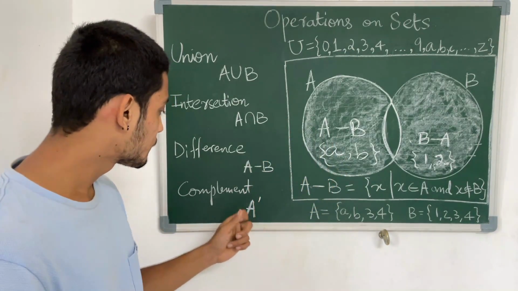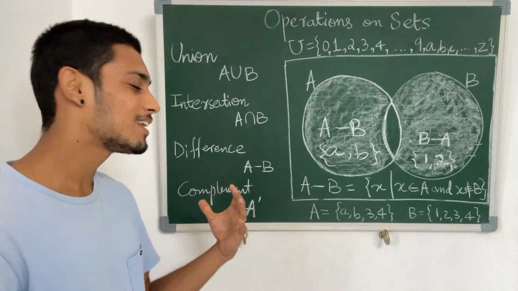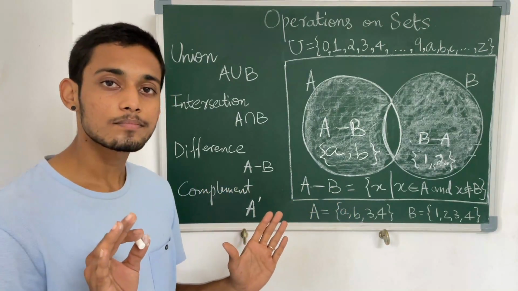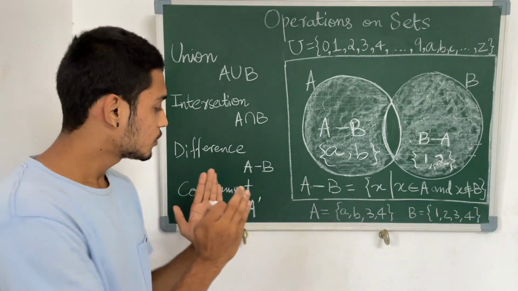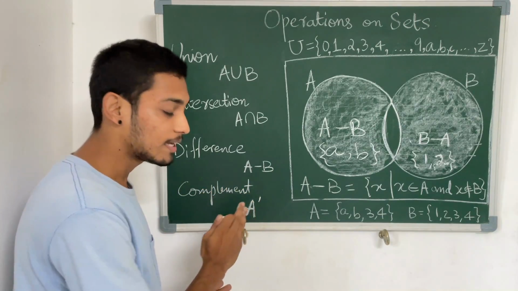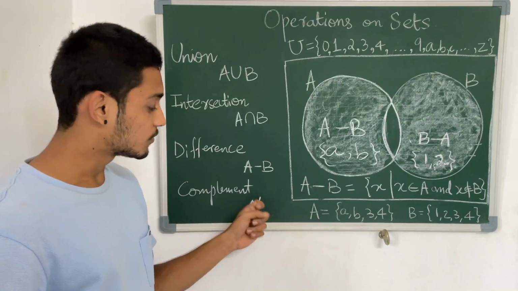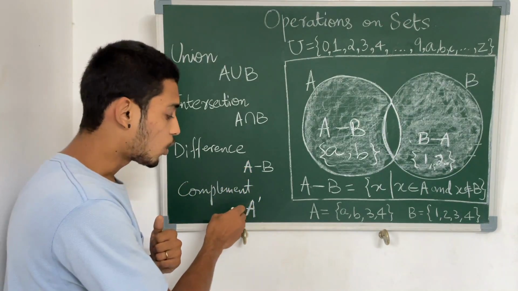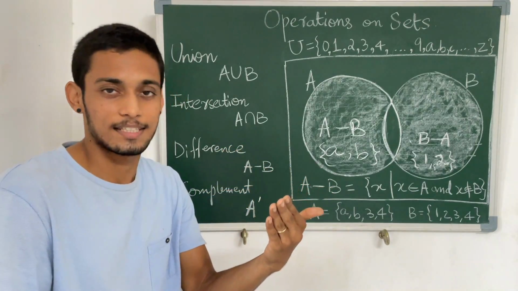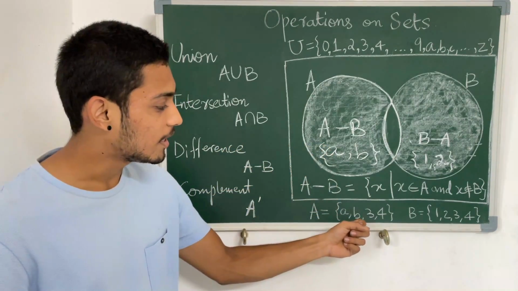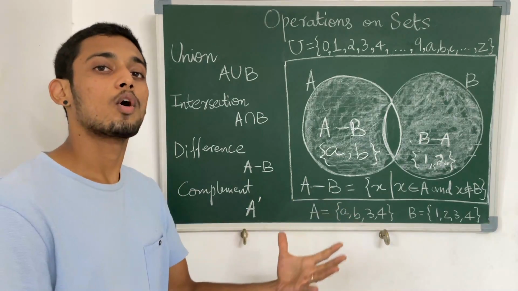Now let's proceed to the next operation. This is an operation where we consider a single set. It could be a set A union B, but that also is a single set. So here for our example, we have taken the set A complement. The complement of this set is all the elements which lie outside of this set. So A has the elements a, b, 3, 4. And what does the complement have?